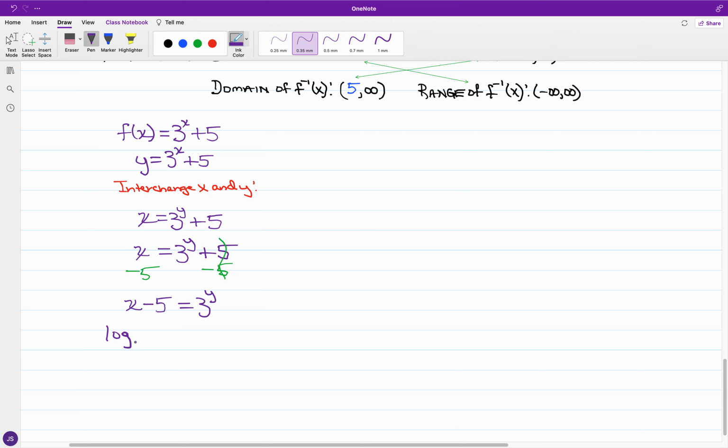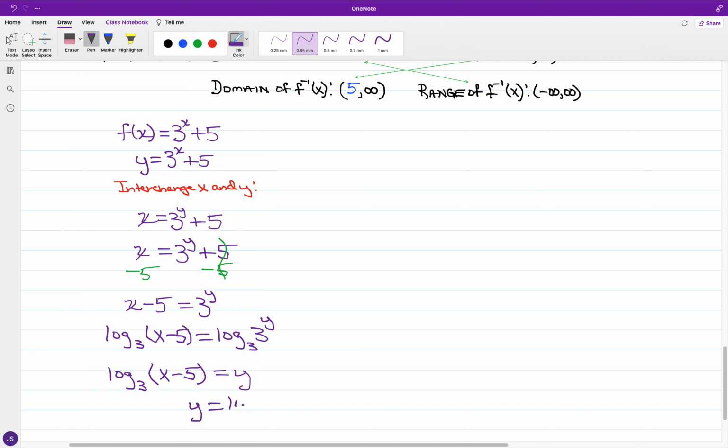And if I take the base 3 logarithm of both sides, on the left-hand side we have our base 3 logarithmic term already laid out. And on the right, I have the base 3 logarithm of 3 to the y, that becomes y.